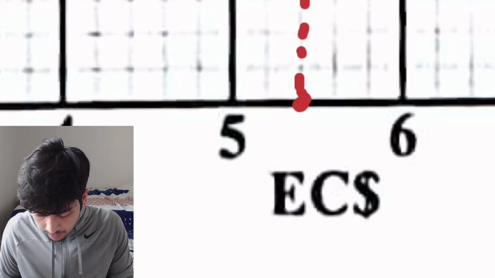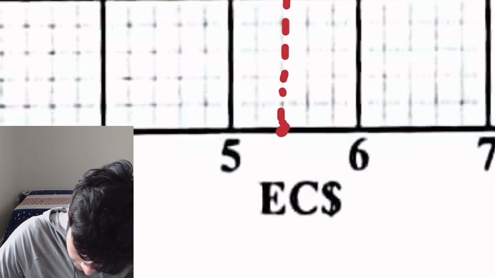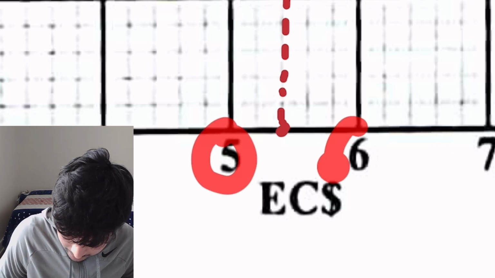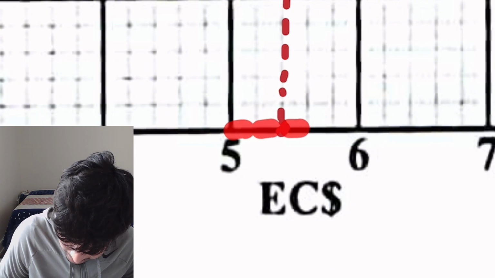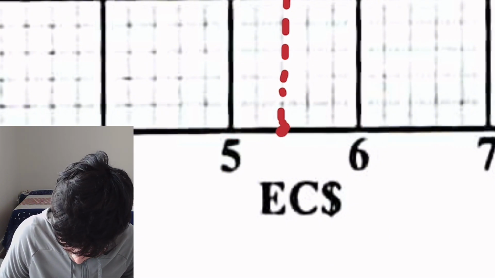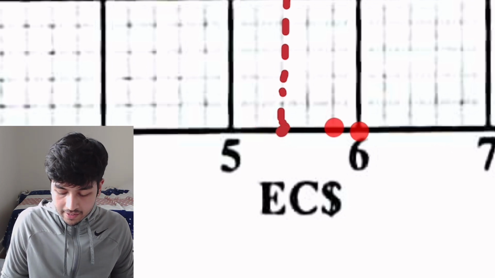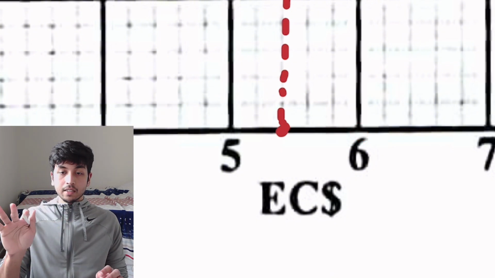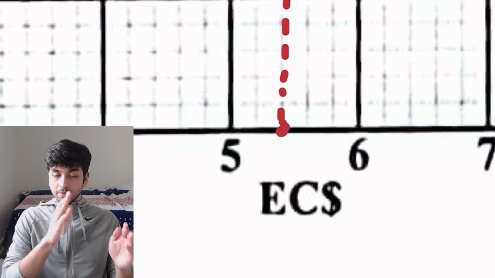So now, if we look, we'll see we have over here, this is 5, this is 6, and there are 5 spaces in between. So that means this will be 5.2 over here, 5.4, 5.6, 5.8, and then 6, because it's 5 equal portions, and they take us from 5 to 6.